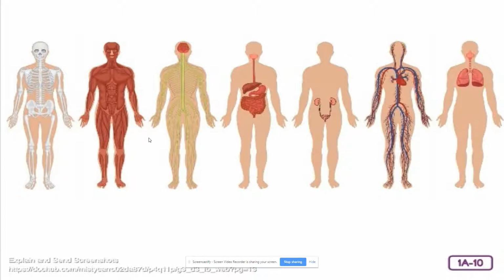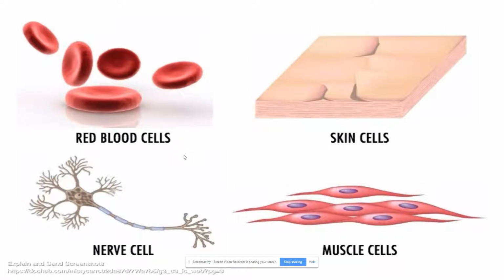There could be bone and muscle and skin and blood and nerve tissue. And each different kind of tissue is made up of a different group of cells. Each type of cell may be similar that create that tissue, and they all have very specific jobs.